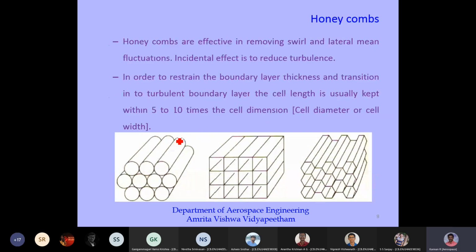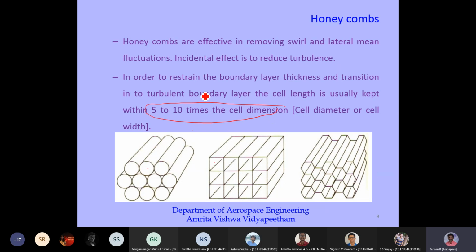So I mentioned earlier, your honeycomb sections, what are the shapes? Circular, square, and hexagon. Honeycombs are effective in removing swirl and lateral mean fluctuation, and the incidental effect is that it is going to reduce the turbulence level. In order to restrain the boundary layer thickness and transition to a turbulent layer, the cell length is usually kept at 5 to 10 times the cell dimension.